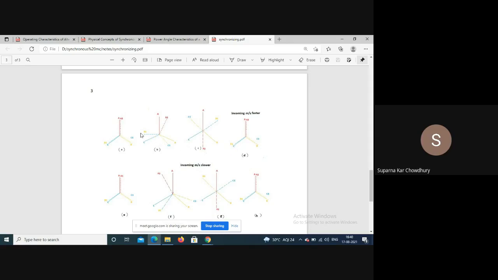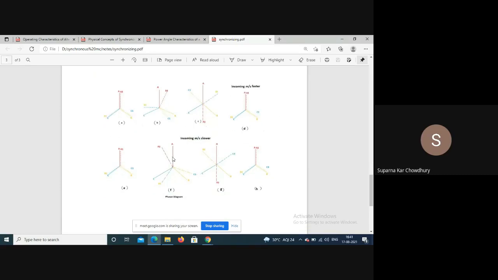So basically all the lamps will be dark or bright at the same rate. So all the three lamps will flicker. That is also true if the machine is slower. The same thing happens because the voltage across the lamps will start increasing at the same rate. So the lamps will flicker.